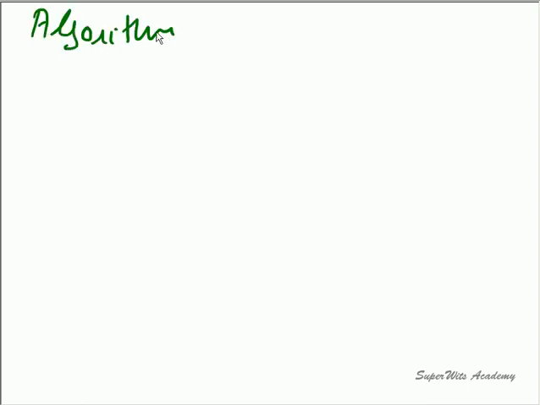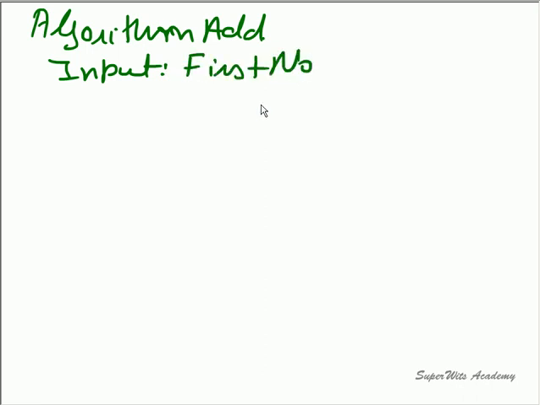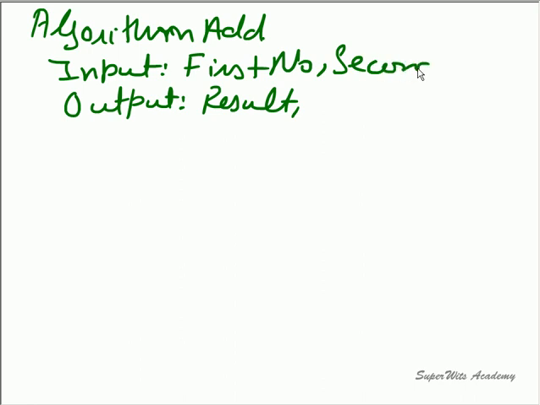Now if I want to write them specifically, I write them as algorithm add, input first number, output result. I missed one thing, that is second number, right?